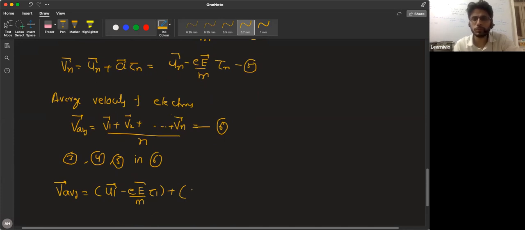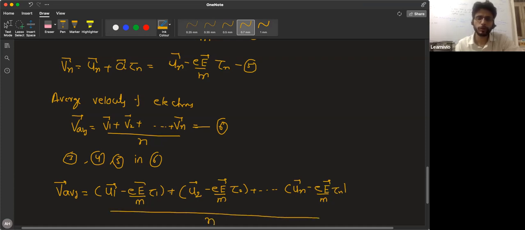V2 is U2 minus small e into capital E by m tau 2, and then that sum. Then we have Un minus eE by m into tau n, divided by total n.